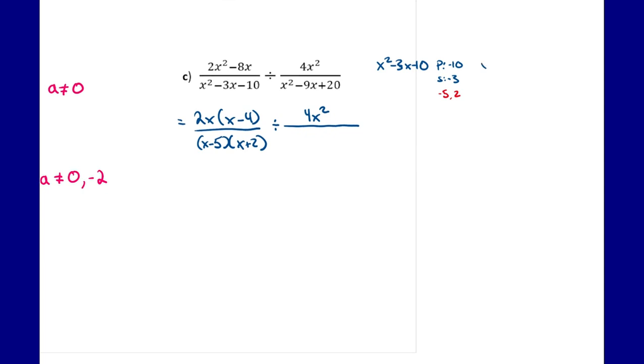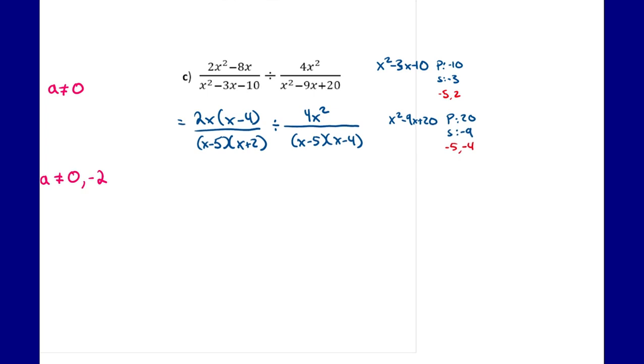I'll do it underneath: x squared minus 9x plus 20, product of 20, sum of -9. So in this case, my two values would be -5 and -4. So that means I have x minus 5, x minus 4.